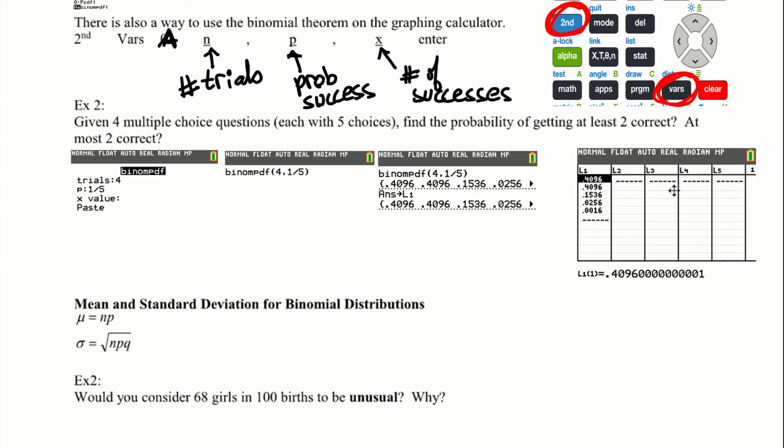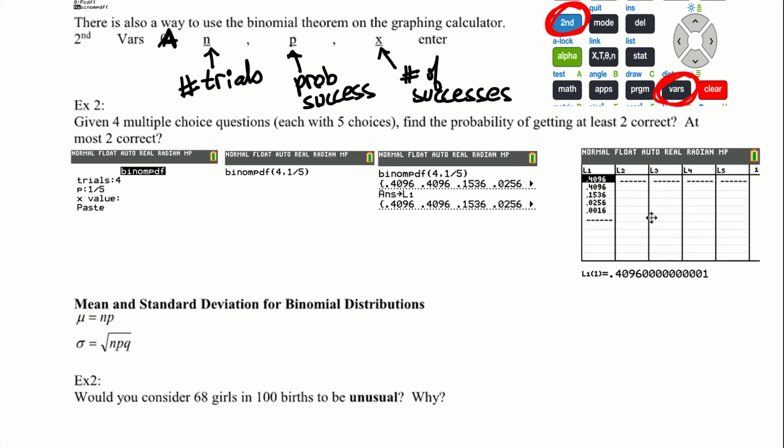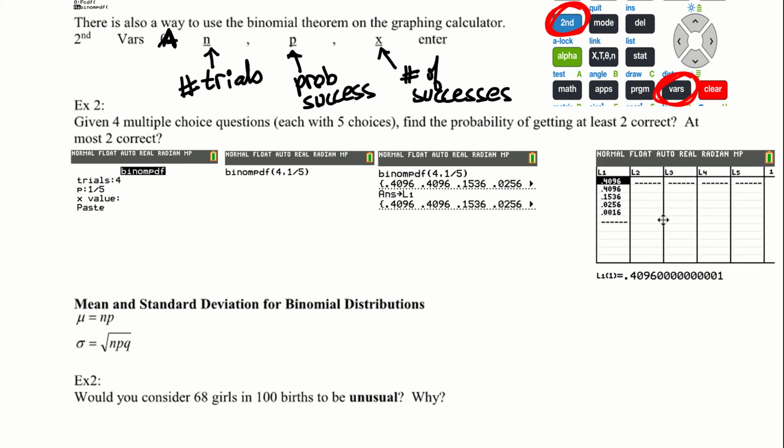You said still second, L1, enter. Yep. Then go back to stat, edit 1, and you should see all your probabilities listed there.